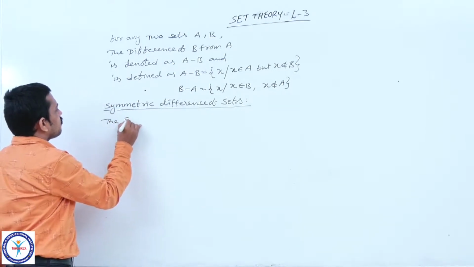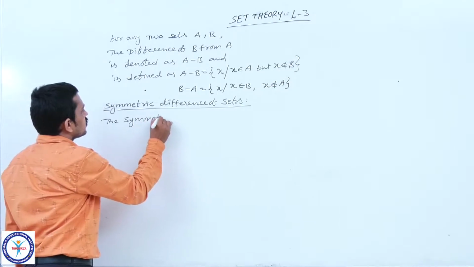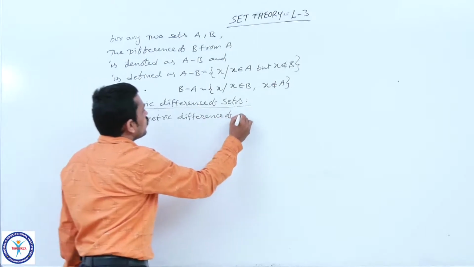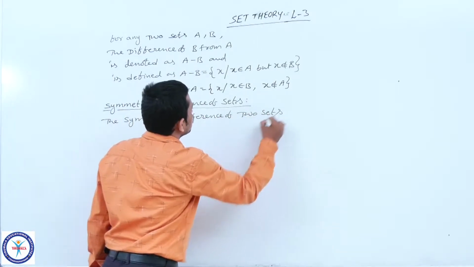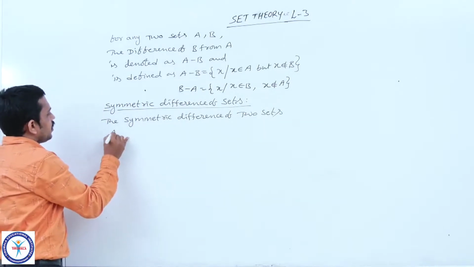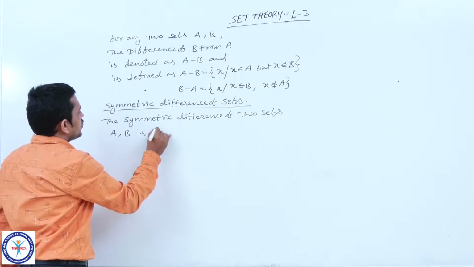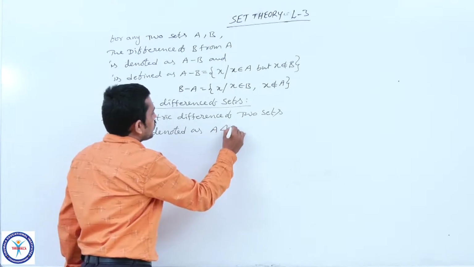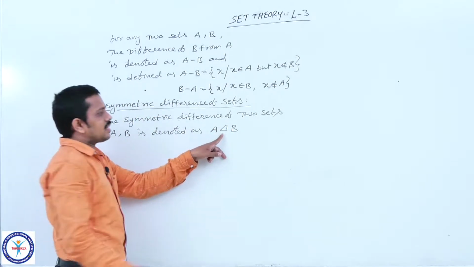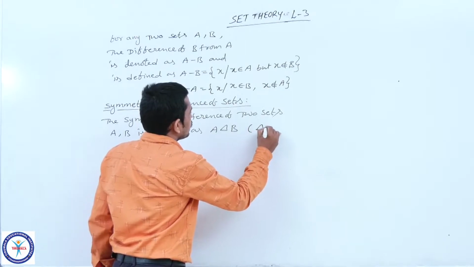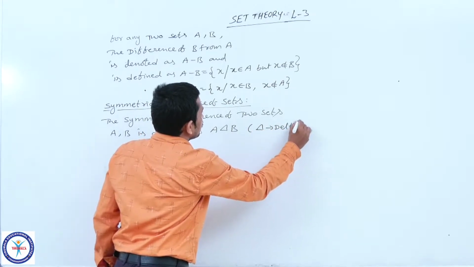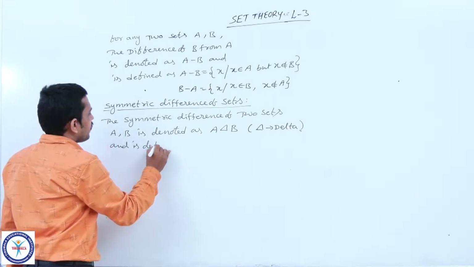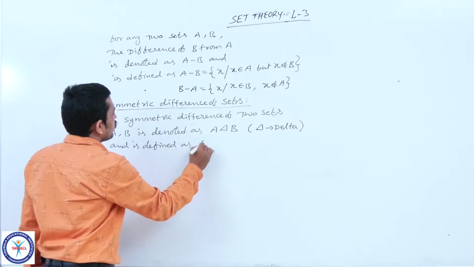The symmetric difference of two sets A, B is denoted as A delta B. This is read as A delta B and is defined as follows.